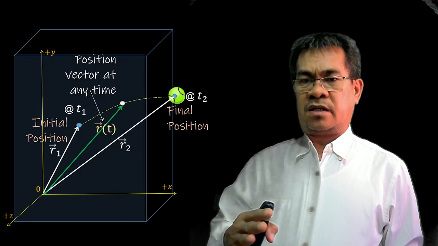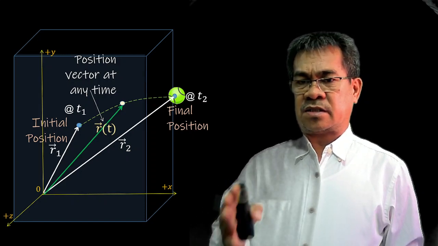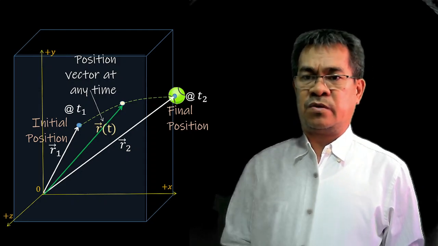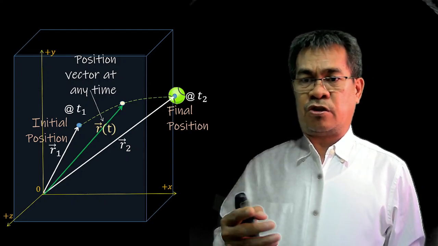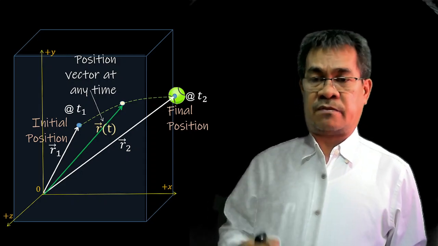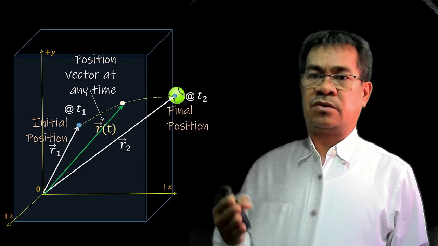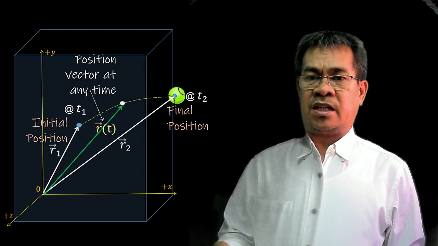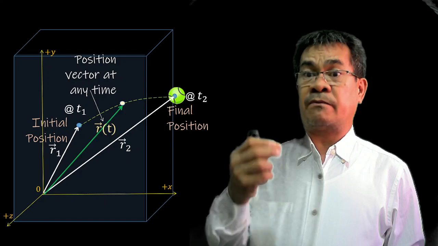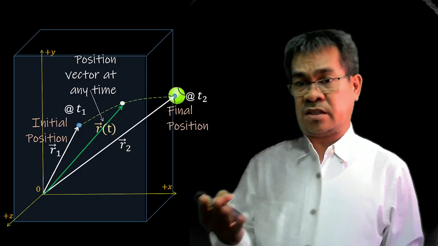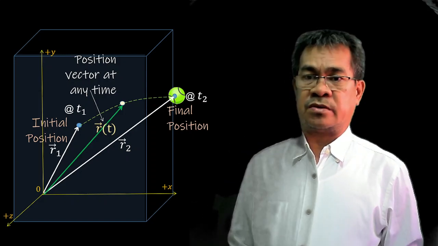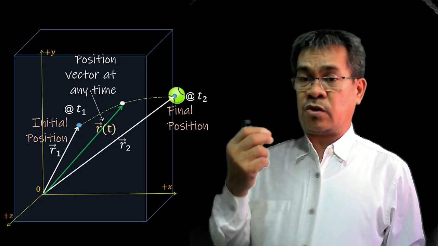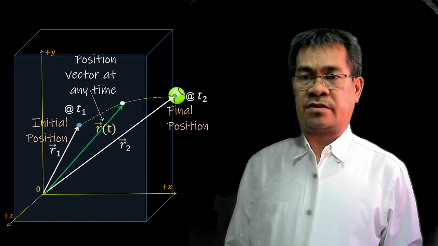The variable is time, meaning at any time when you substitute t into the position vector, we can always compute the position of that particle. So if the time t1 is substituted into the position vector, then we can find r1. Similarly, if we substitute the time t2 into the position vector, then we can compute r2. So within the time interval given, we can always find the position vector.